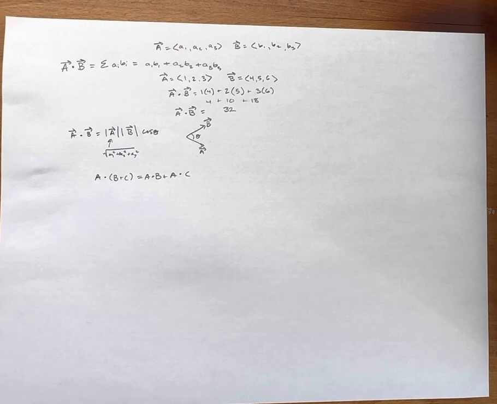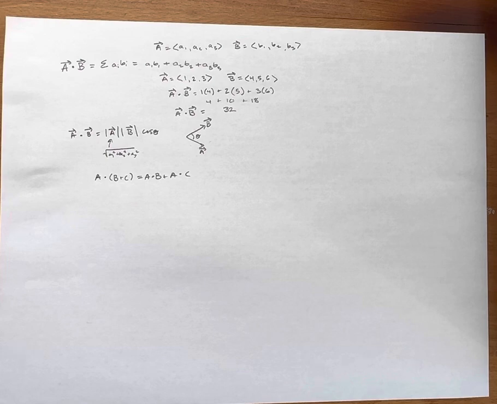And so you may be wondering, okay, this is great and all, but what do I do with this? One of the things that you can use the dot product for is to find out whether two vectors are orthogonal. And now you may be wondering, well, what is orthogonal?